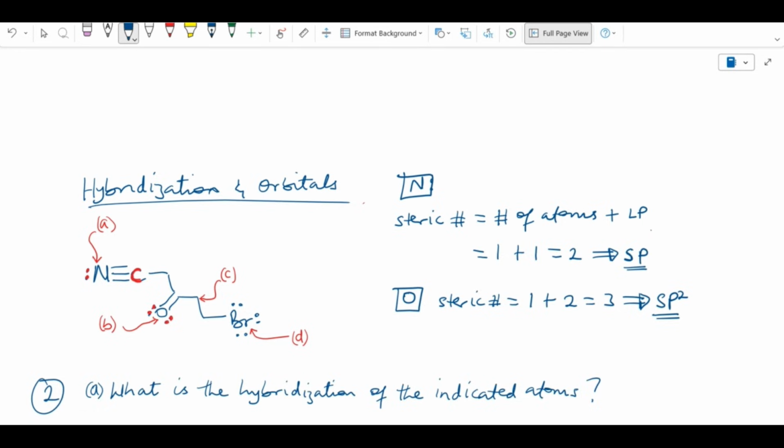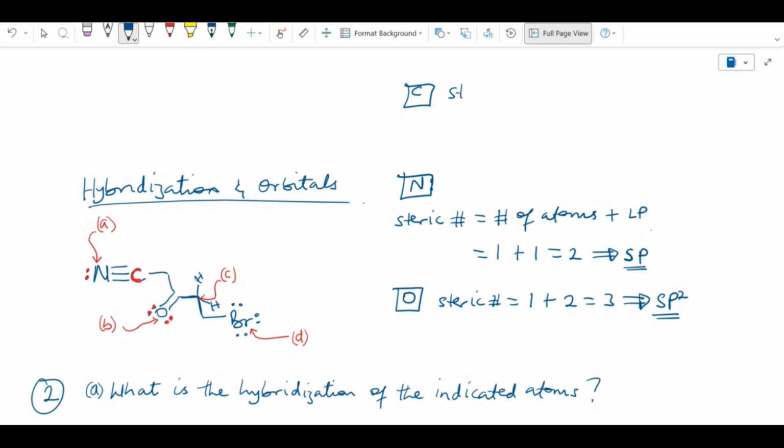So the next one is carbon, C. That carbon has 2 hydrogens. Remember, a neutral carbon should have 4 bonds. Since it has 2 bonds to the other carbons, that means the number of hydrogens it will have is 2.